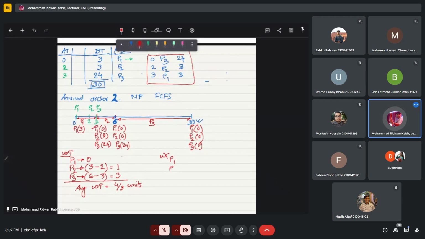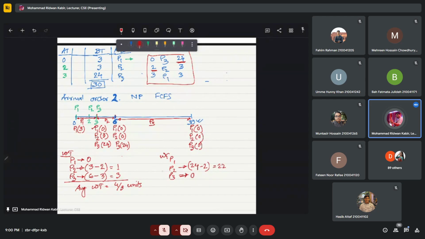So when P3 enters the system, it will get the CPU the very moment it enters. So the waiting time for P3 will be 0. Next we have P2, and when does it get the CPU? After P3 has completed. So it gets the CPU at 24, and when did it arrive? At 2, so you have 22.